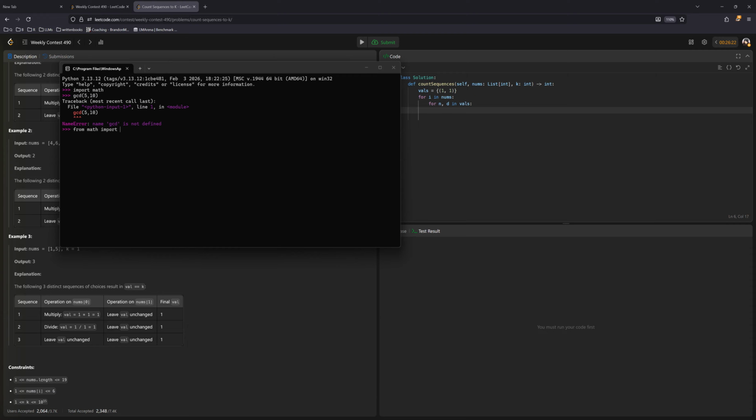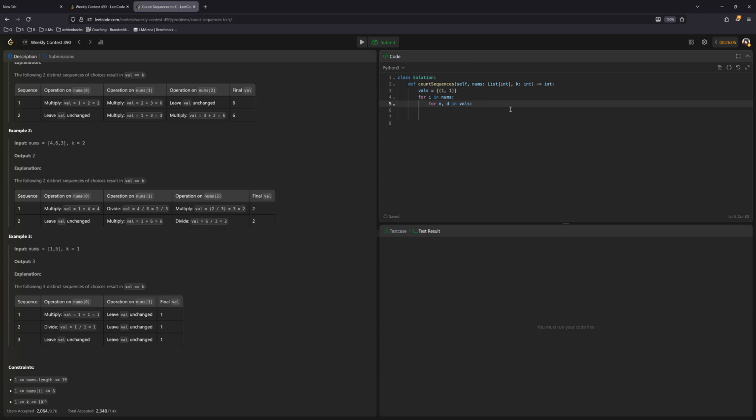From math import least common multiple, no, greatest common divisor, that's what we want. And then, yeah. But if you have two things that are relatively prime, then it's going to be, all right. From math import greatest common divisor. So choices are leave it alone, which doesn't require any interaction, or multiply or divide, right?